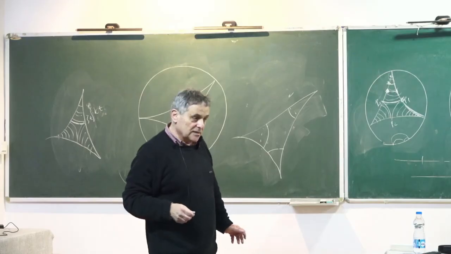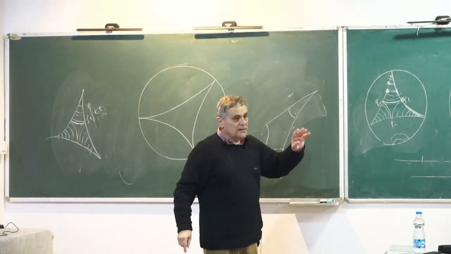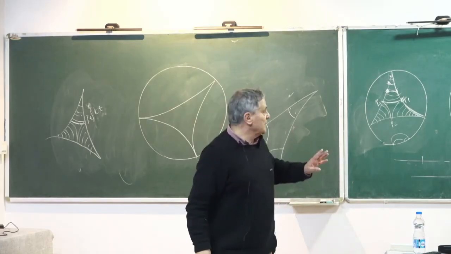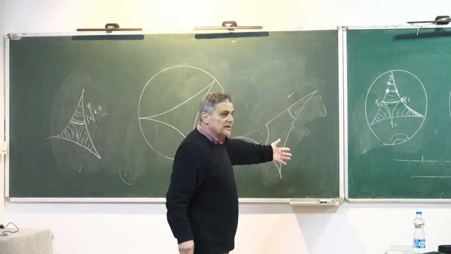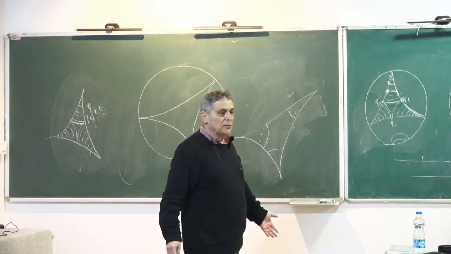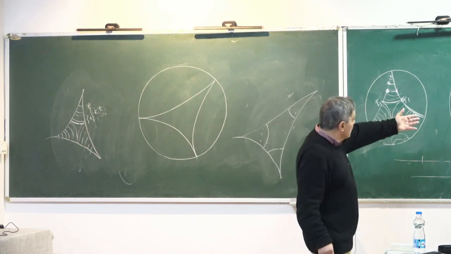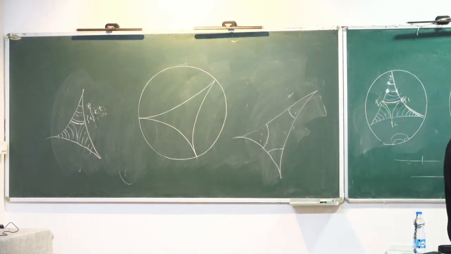Yes, your friend here says that the surface should not be complete. This surface, when I draw it here, it's a complete surface, a complete surface from the metric point of view. But it cannot be this one which I am finding here, because this surface here is not complete, since there are curves which are of finite length and which go to infinity.